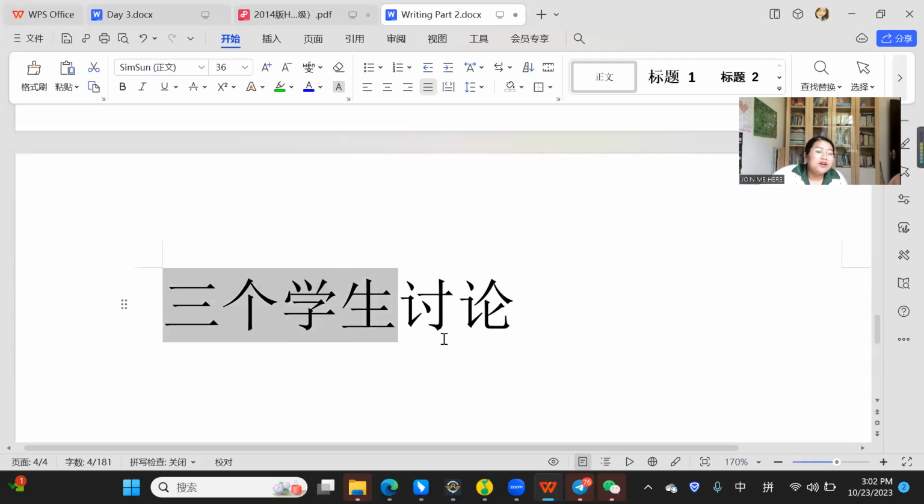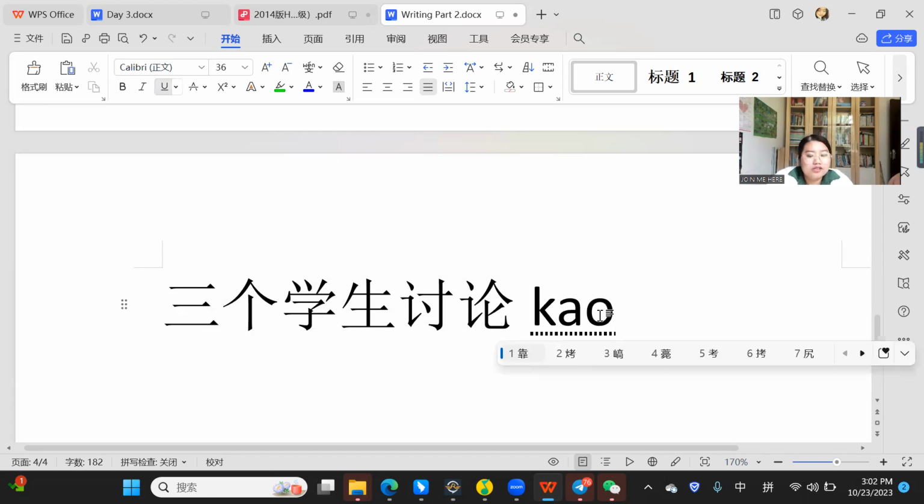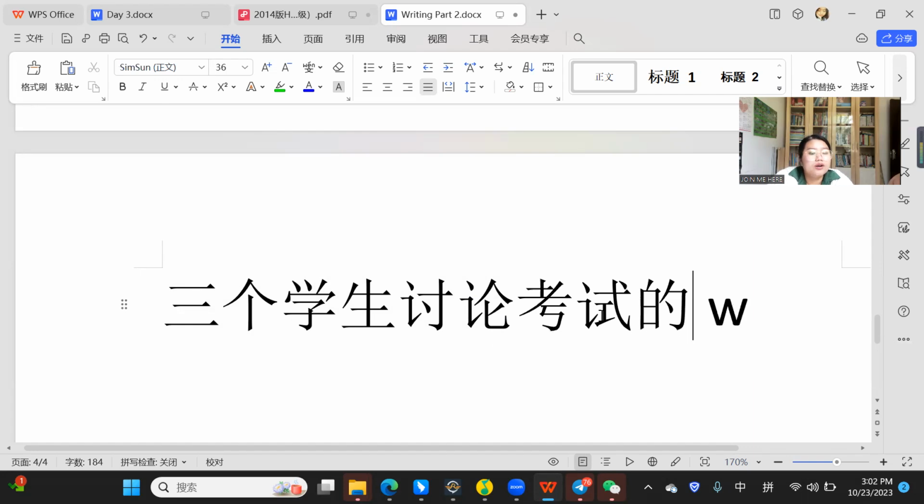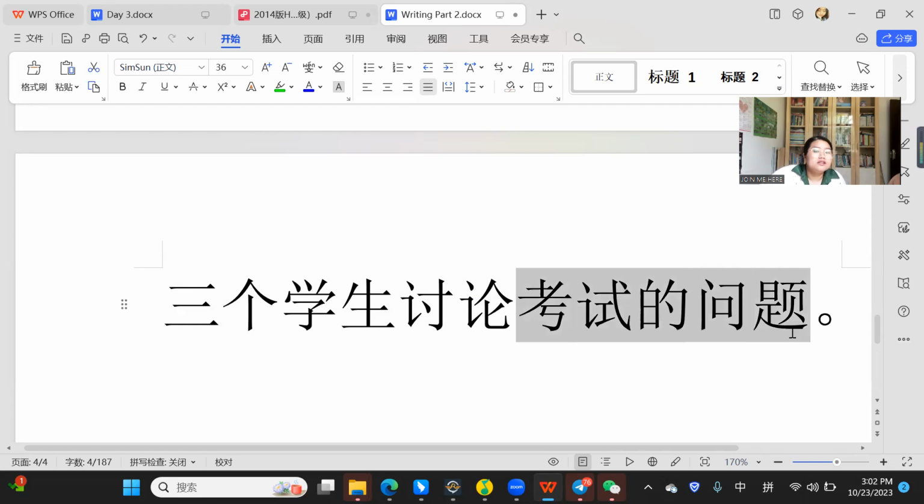This is the subject, we have the verb, we have to put an object. Which one will be the object? 考试的问题. This one will be the object.